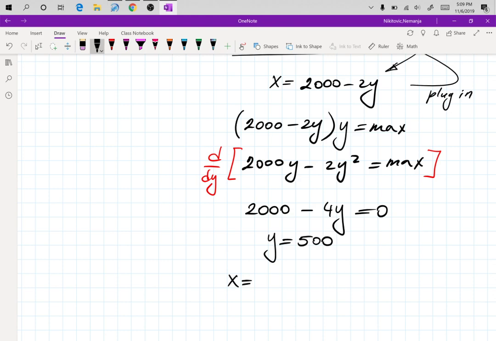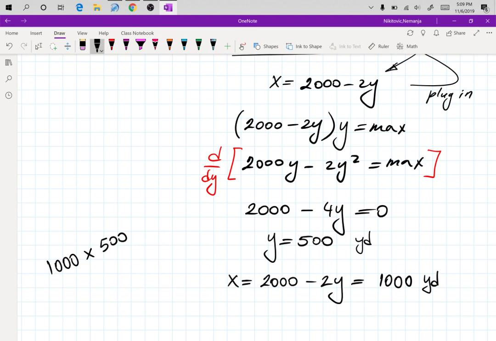X equals 2,000 minus 2y, which is 1,000 yards now. So this time, the dimensions are 1,000 by 500 yards.